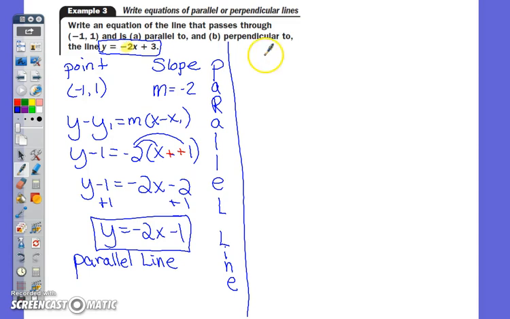Now if we want our perpendicular line, we have to flip the slope and change the sign.